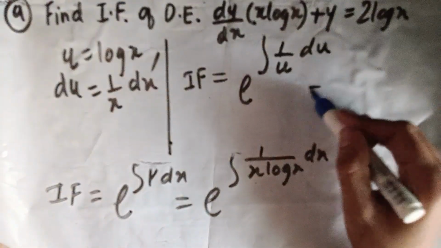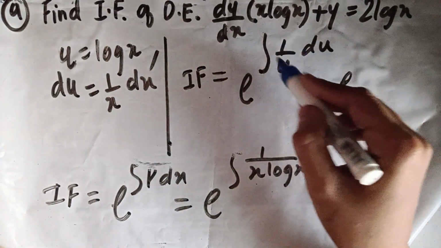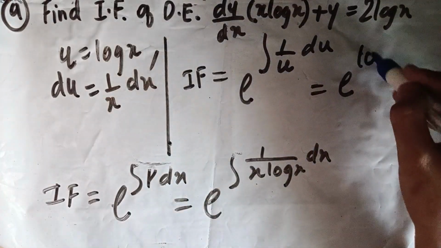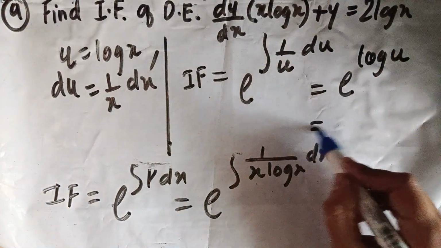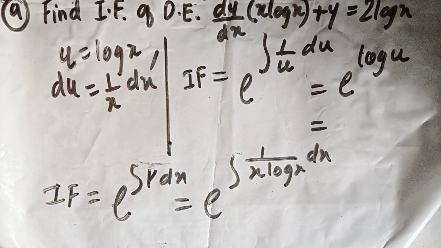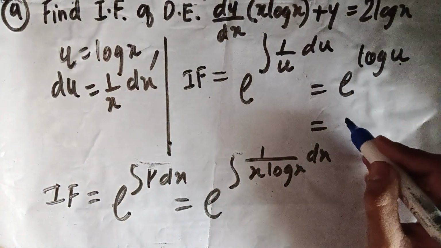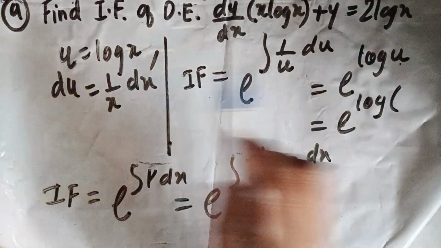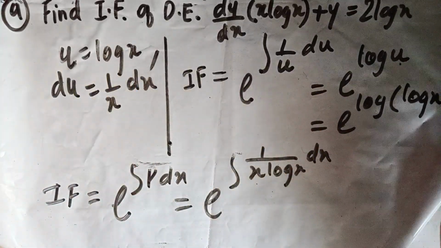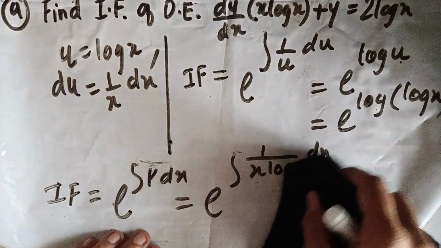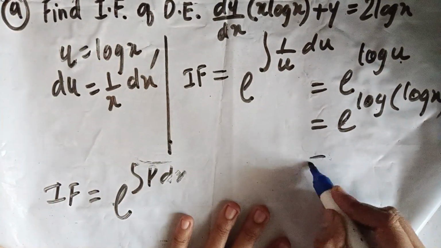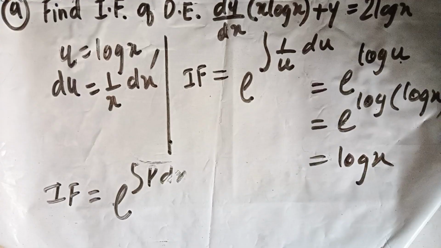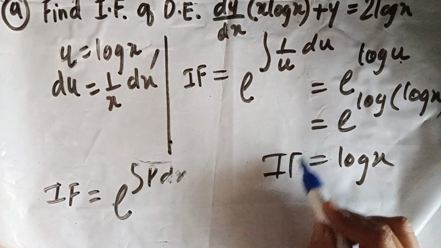Okay, so we get e raised to integral of 1 upon u, which is log u. So e raised to log u. That is our e raised to log of u, where u is log of x, which is nothing but log of x. This is our integrating factor.